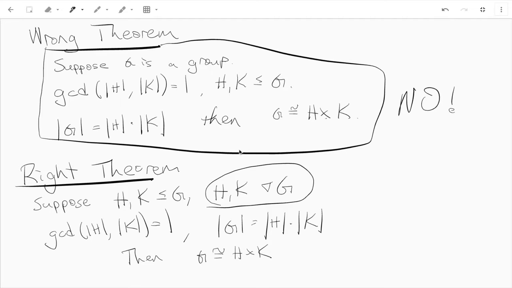Look at S4. What does this tell you? In S4, a decomposition like this would tell you that a Sylow 3 subgroup and a Sylow 2 subgroup would both be normal. But the Sylow 3 subgroups are definitely not normal.